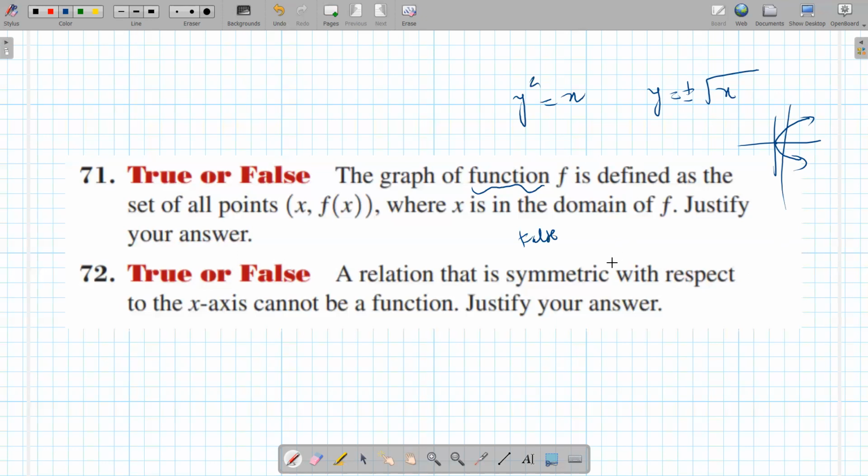Is that what this means? Are we assuming it's already a function? The graph of function f is defined as the set of all points. I think it's asking, given that it's a function, I think that's what it's saying.